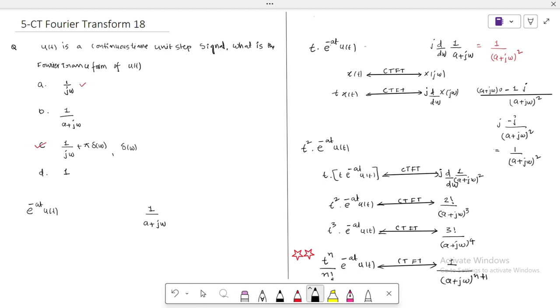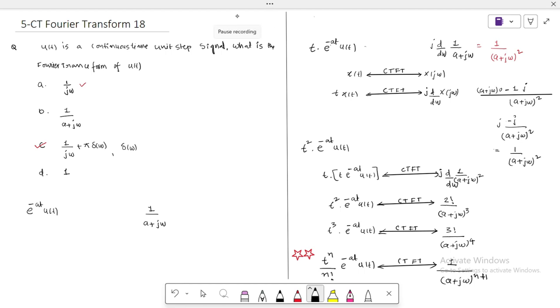Sorry, if it is t to the power of n minus 1 by n minus 1 factorial, here we will get the power n. So this is the small correction.